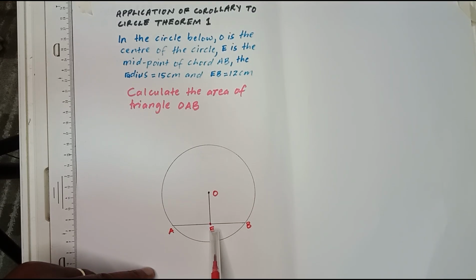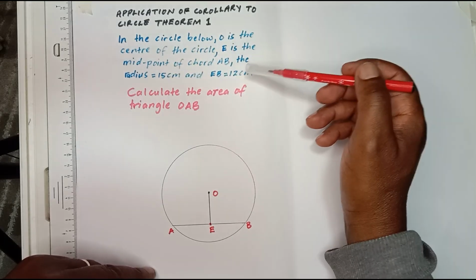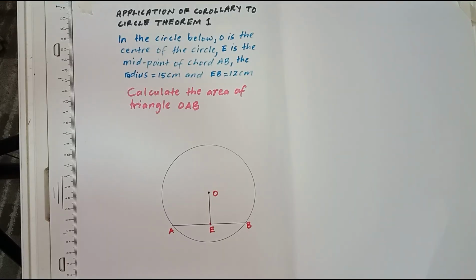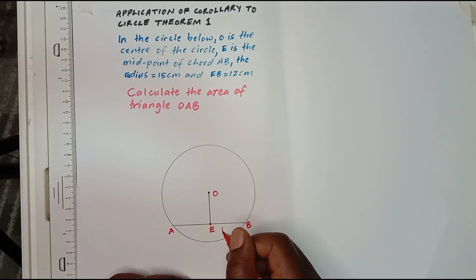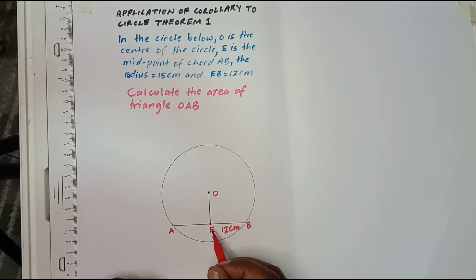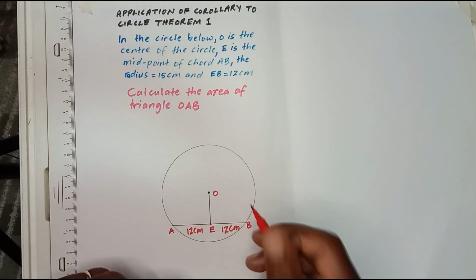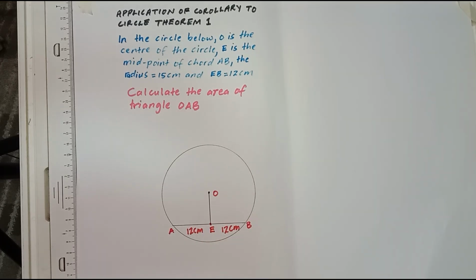E is the midpoint of chord AB, and we are told that EB is equal to 12 centimeters. Because E is the midpoint of AB, AE is also equal to 12 centimeters. We can actually update the diagram. Now, the radius is given as 15 centimeters.